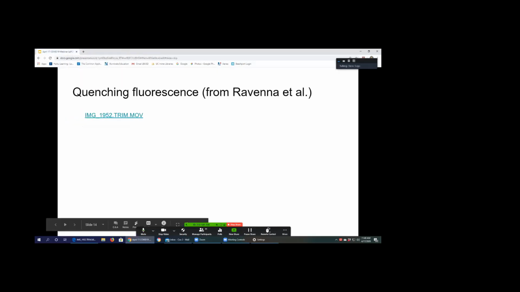So that's the phenomenon of fluorescence quenching. We've used it in ACR in a number of projects, mostly the peptide projects. Now you'll see that that's part of the qPCR technique.